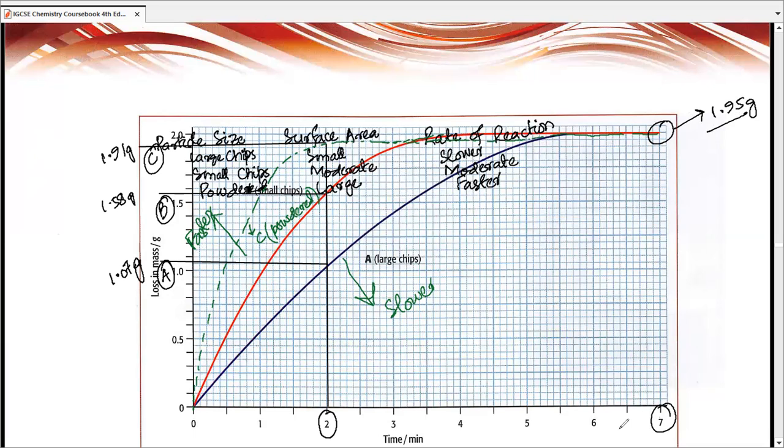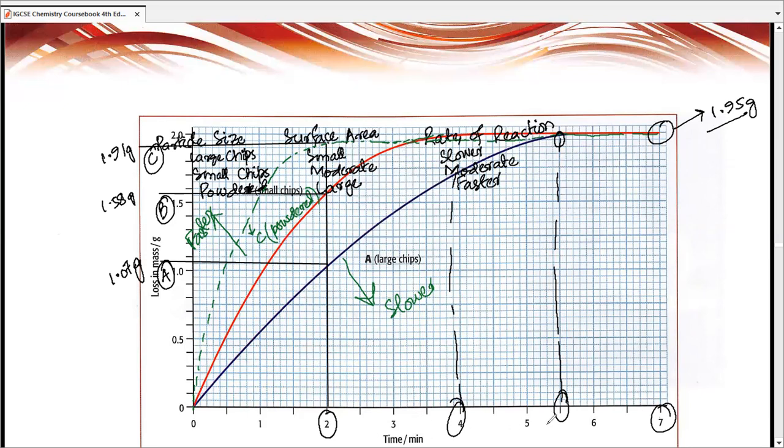And if you compare all three of these to see when they flatten, you'd notice that the blue flattens over here, which is approximately 5.5 minutes. The red flattens almost at 4 minutes. And as per what I've done over here, the green already flattens at 2 minutes.